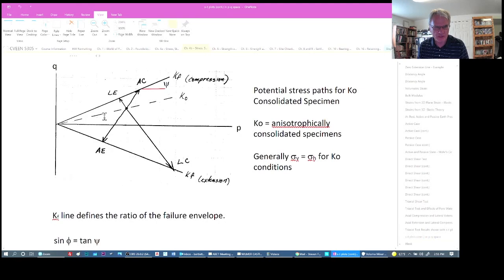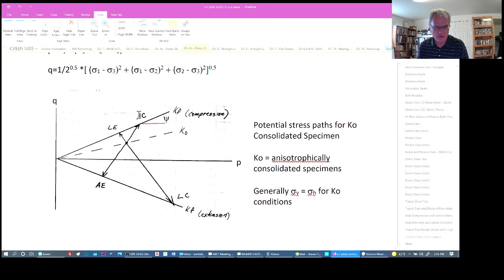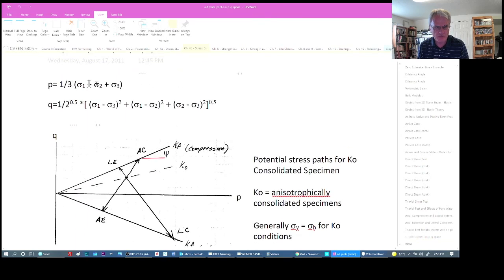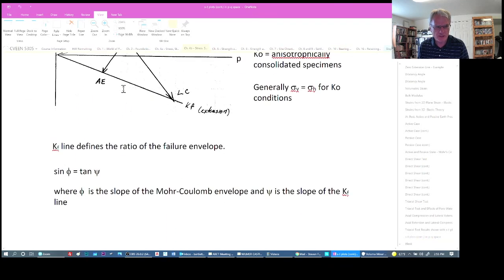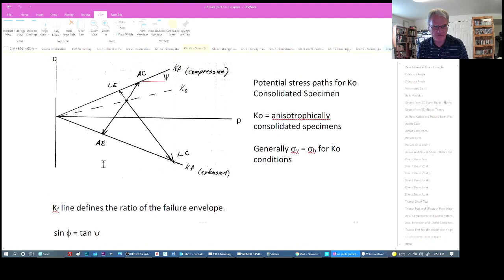And so we can plot this also. These angles here are no longer phi. If we plot them in this type of PQ space, they become psi, which is the slope of the Mohr-Coulomb envelope in PQ space, but sine of phi, which is the internal friction angle, which is the slope in sigma tau space, is equal to the tangent of psi in PQ space.